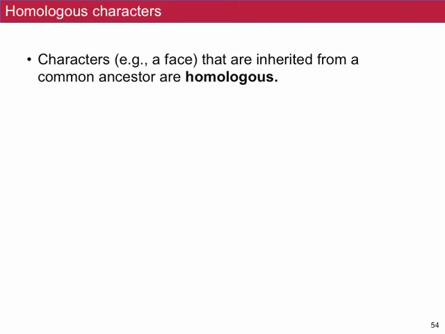For characters that are inherited from a common ancestor, those are called homologous. Homology is inheritance from a common ancestor. So here, the smiley face in this group is homologous across all the organisms in the group.